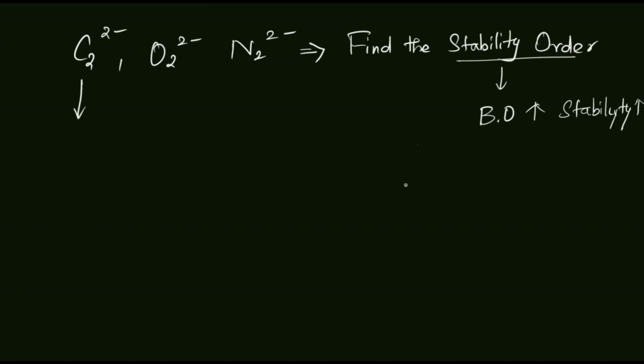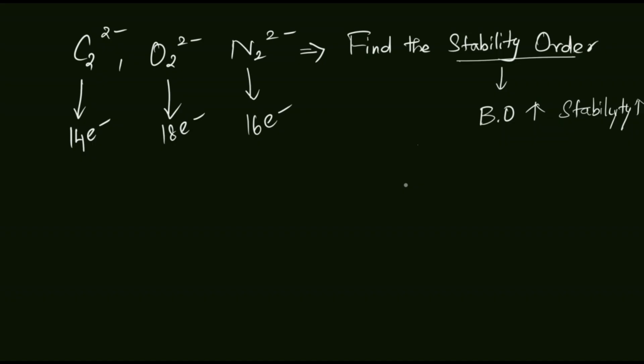As you can see, 12 electrons for carbon and plus 2 for 2 minus, so total 14 electrons. For oxygen, 8 plus 8 is 16, plus 2 is 18 electrons, and nitrogen becomes 7 plus 7 is 14 plus 2 electrons, that is 16 electrons.